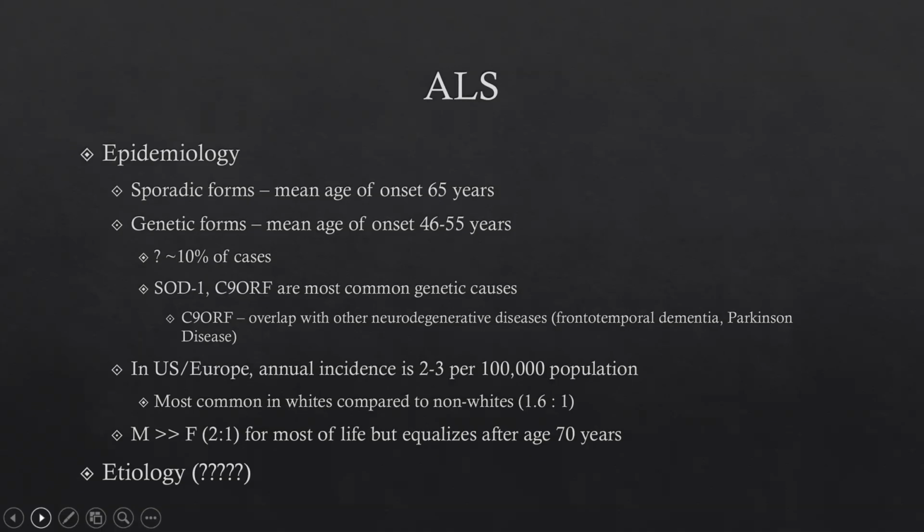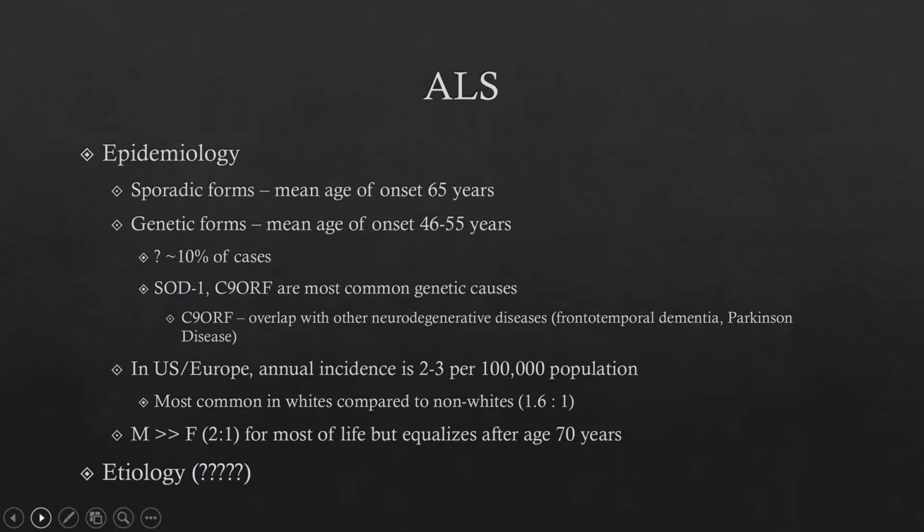In terms of the genetic form, there are literally two genes that have been heavily linked with motor neuron disease. The first one is SOD1, and then there's C9ORF72, which is the other one.